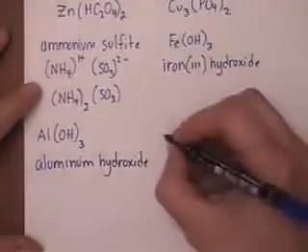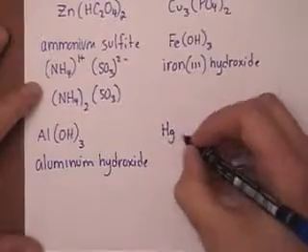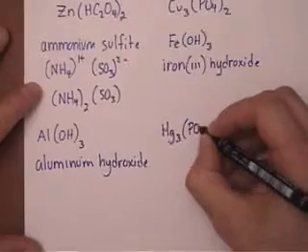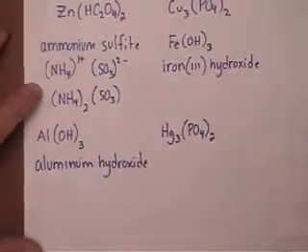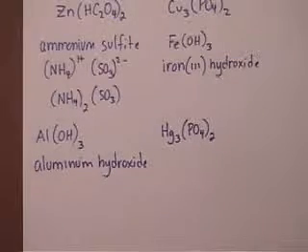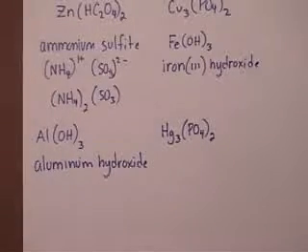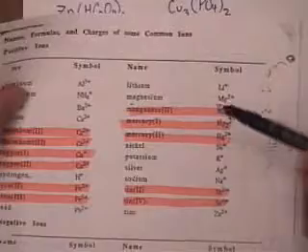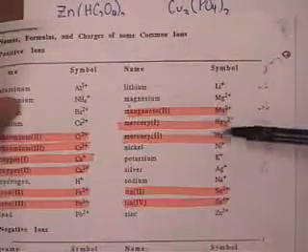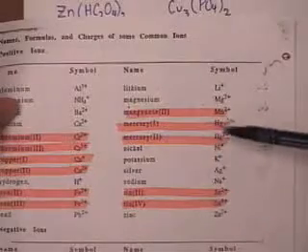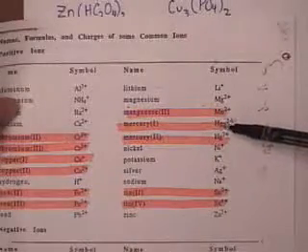Let's try one more. Here's a crazy one for you. Hg3, open a bracket, PO4, 2. Give it a try. Push pause. Okay, let's see how you did. Remember we talked about this in class. For Hg, there's 2 of them here. There is mercury 2 and mercury 1, but mercury 1 is Hg2 2 plus.